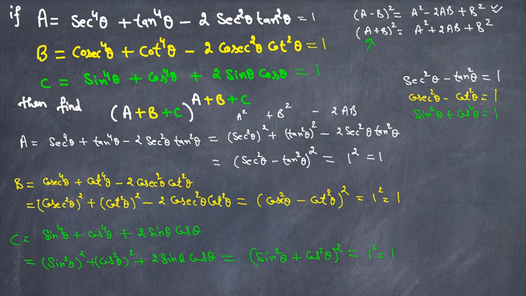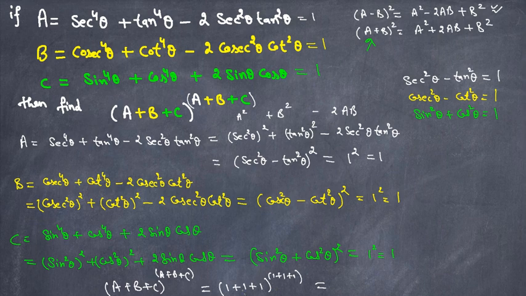So what should be the value of a plus b plus c raised to power a plus b plus c? So a is 1 plus b is 1 plus c is 1 raised to power 1 plus 1 plus 1. Let me put parentheses there, I believe it makes more sense.